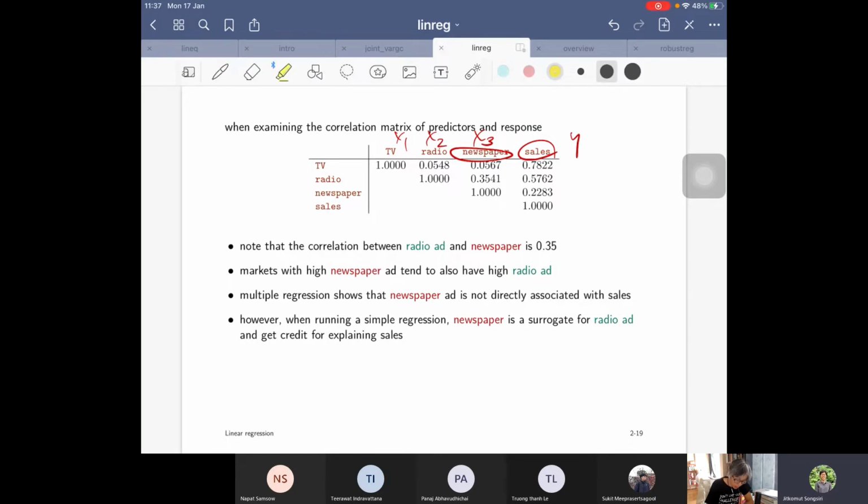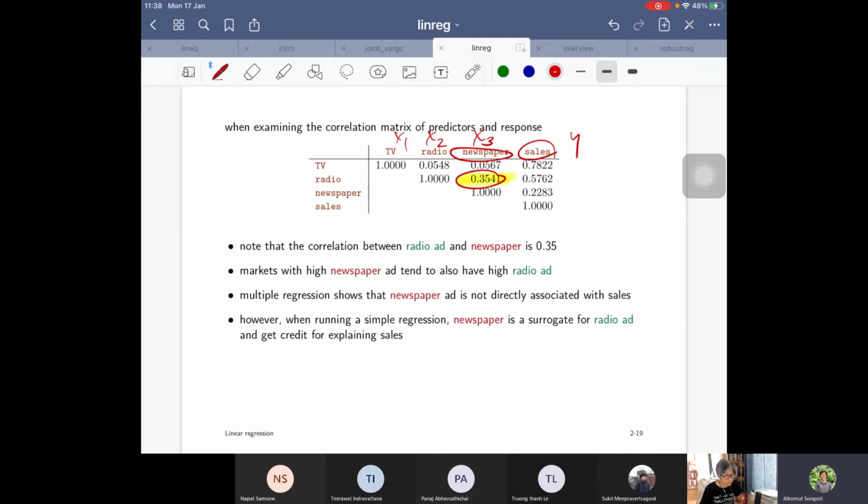Now we see that among the predictors themselves, the newspaper and the radio have some correlation, 0.35, which means these two variables have the same trend. A market that has a high newspaper budget will tend to also have a high budget spending on the radio.